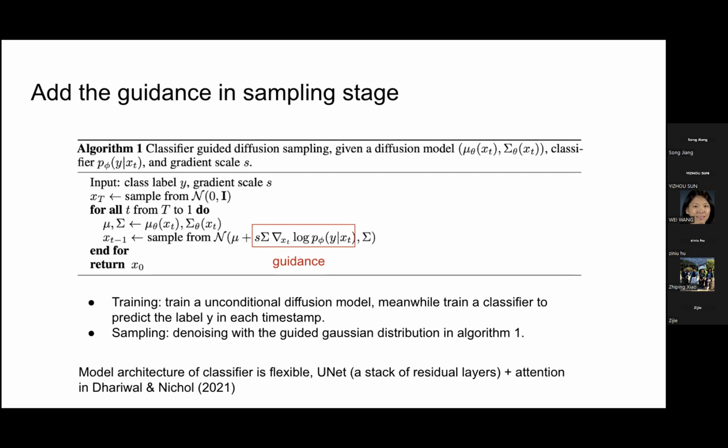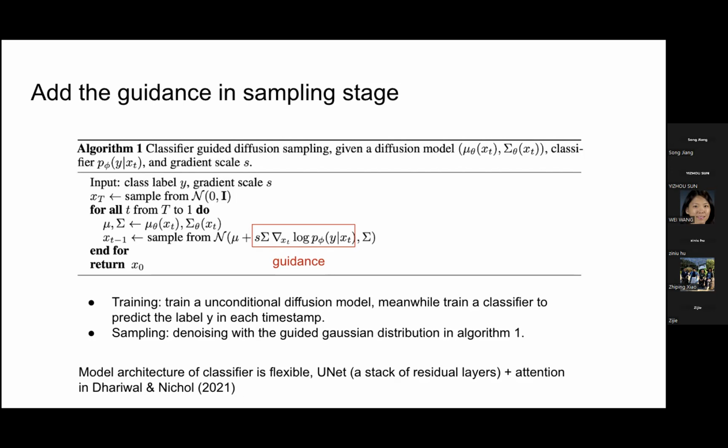Derek: During the diffusion process, is it always the same classifier? Because I would think at the beginning it's more noisy. That's a good question, because from the paper they just said they train the model at every time step. This is a little confusing for me, because I don't know whether they train one model that can handle every time step, or a classifier at every time step.